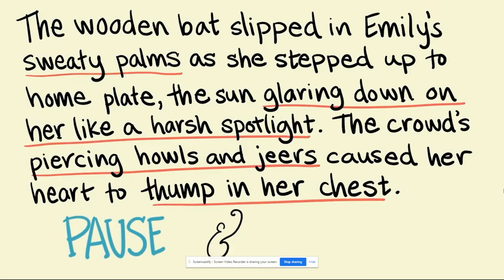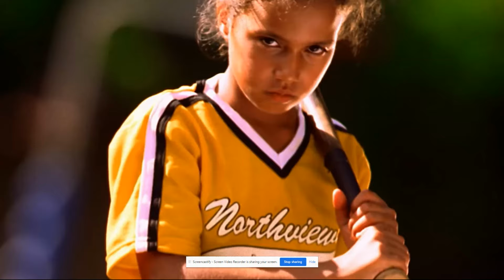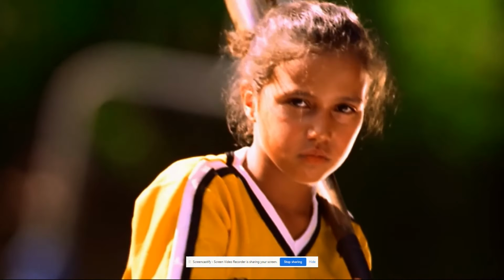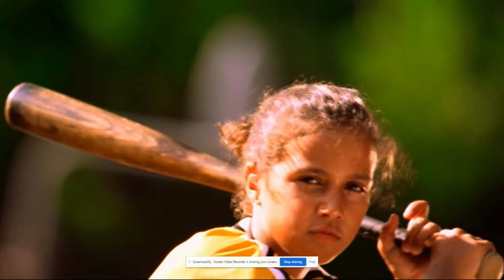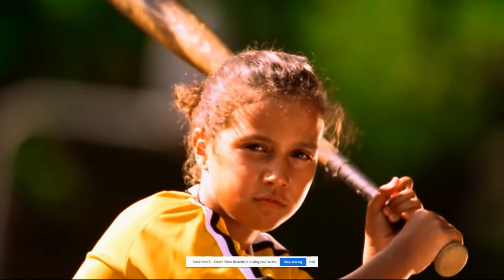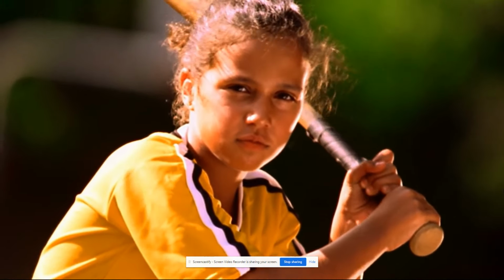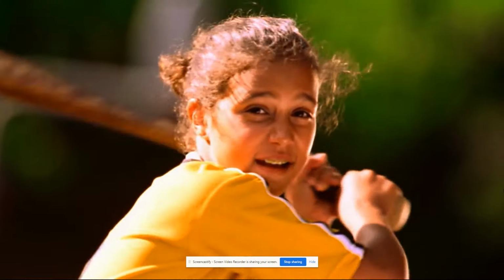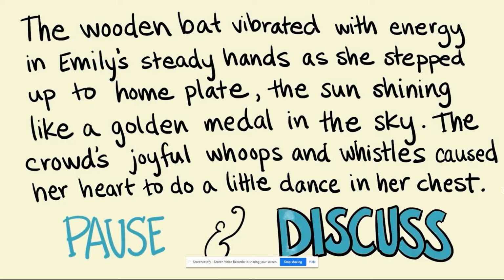What mood do these images create? What if the author had written, "The wooden bat vibrated with energy in Emily's steady hands as she stepped up to home plate, the sun shining like a golden medal in the sky. The crowd's joyful whoops and whistles caused her heart to do a little dance in her chest." How did the different images change the mood?